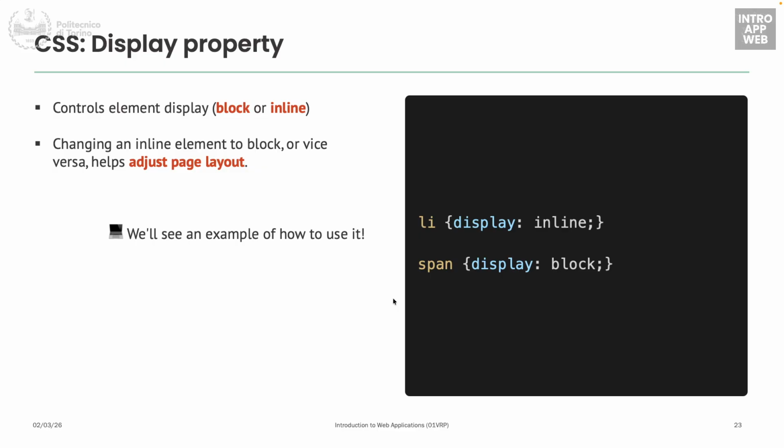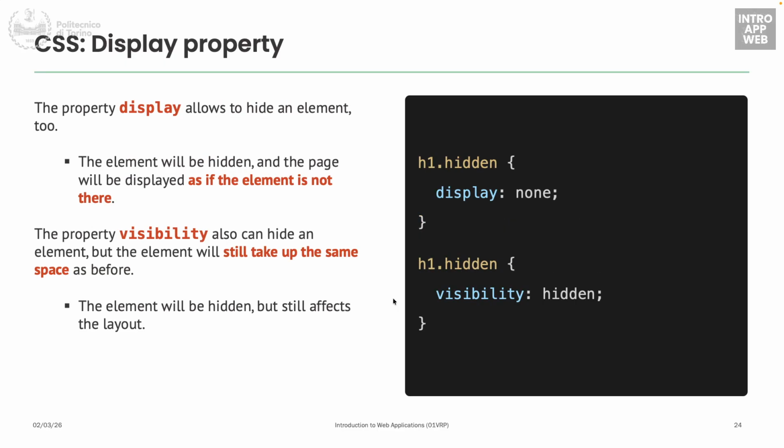Do we understand the difference between inline and block display? The block display occupies the whole line and the next element goes below. And with the inline display, the elements are placed one next to the other. So it just occupies the size of the content and the next element is displayed to the right. We will see that with examples to make it more clear.